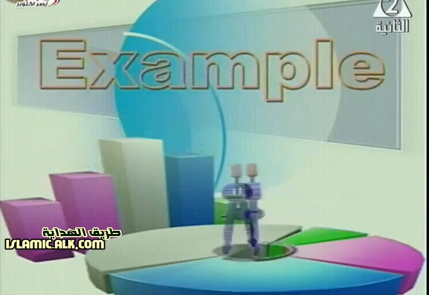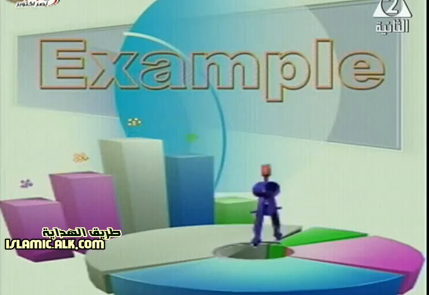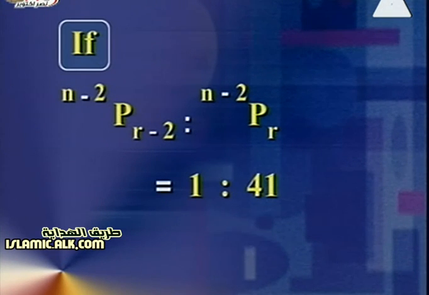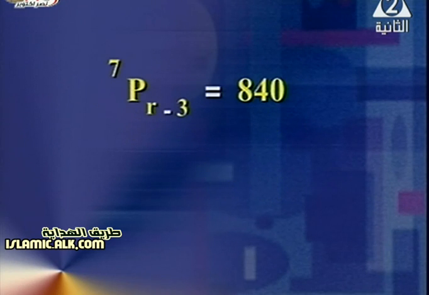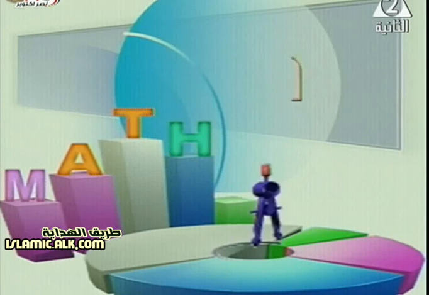Dear student, now we translate to another example. n minus 2 Pr minus 2 ratio n minus 2 Pr equals 1 ratio 41, and 7Pr minus 3 equals 840. Find the value of n and r. Solution.